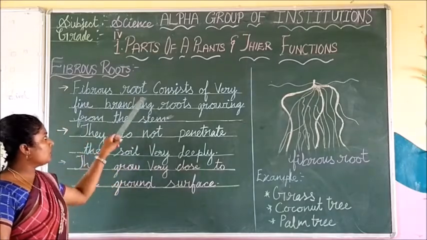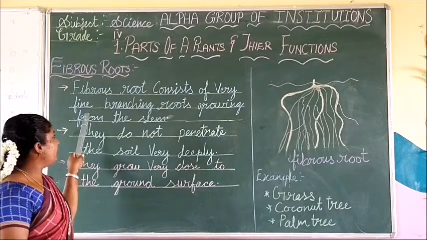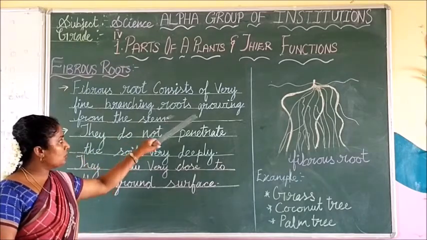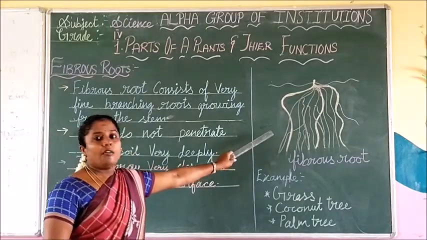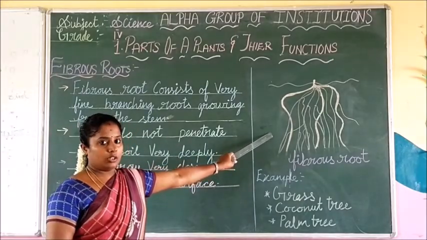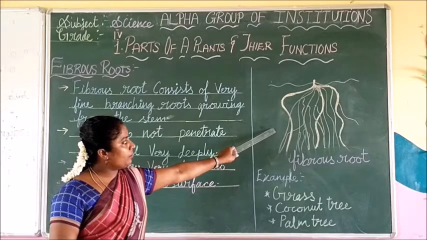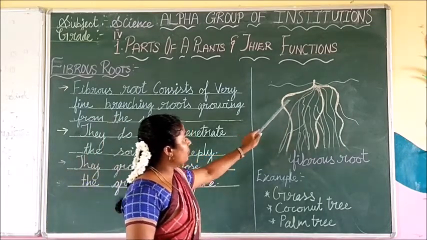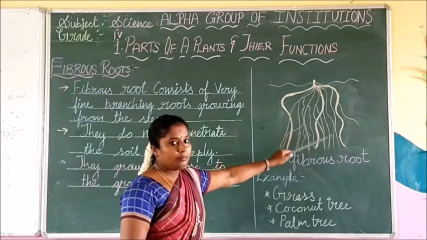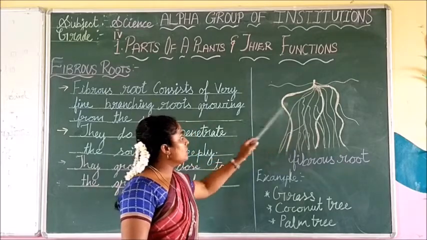So this is the fibrous root. Like this, very fine, thin branches will be there.